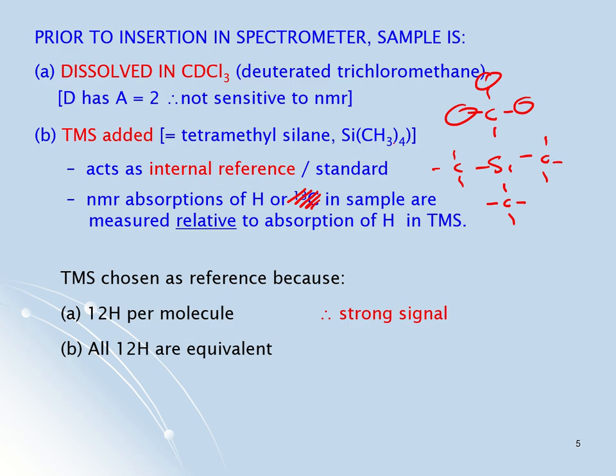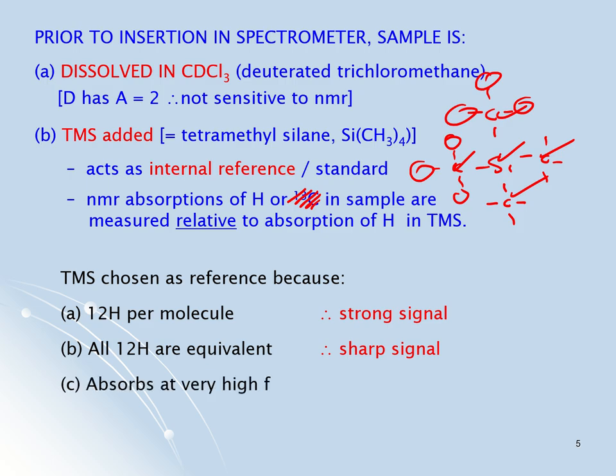So if you look at every single hydrogen in here, it's attached to a carbon, which is attached to a silicon, which is attached to 3 other methyl groups. And that's true for every single hydrogen. So not only do we have a strong signal, but we have a really sharp signal, just one signal. And that's what you want whenever you're using it as a reference. You can't have a reference that produces several signals.